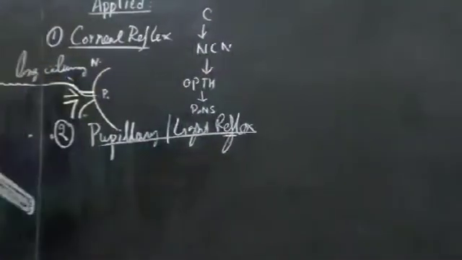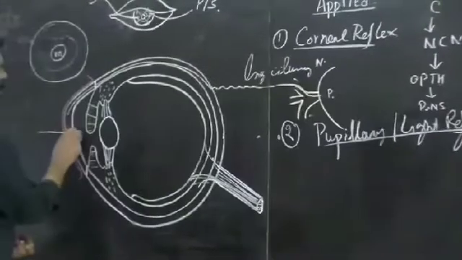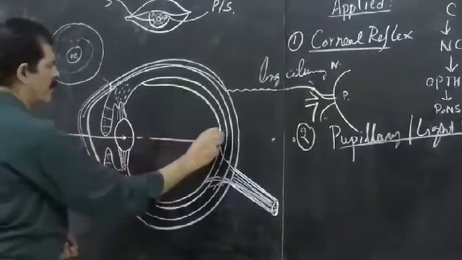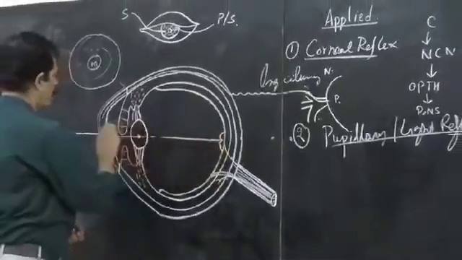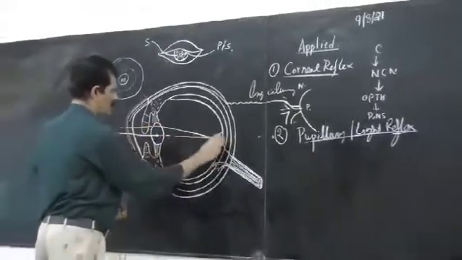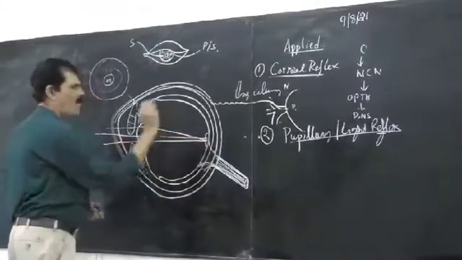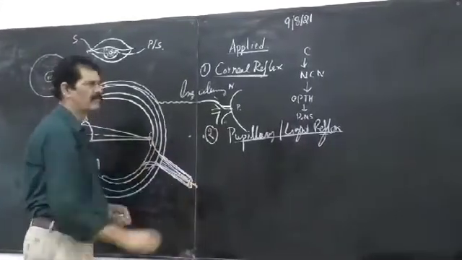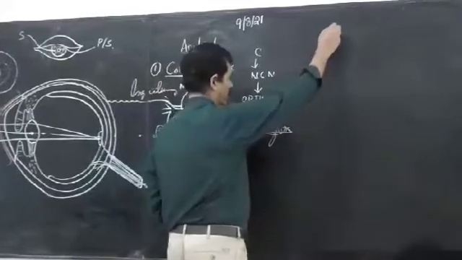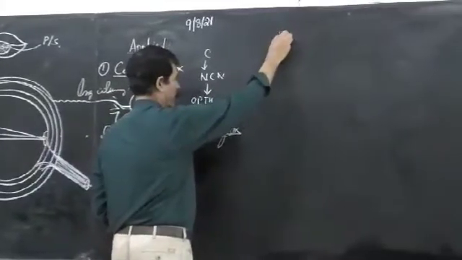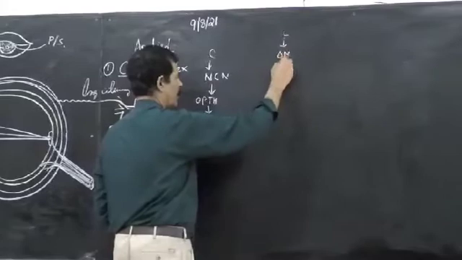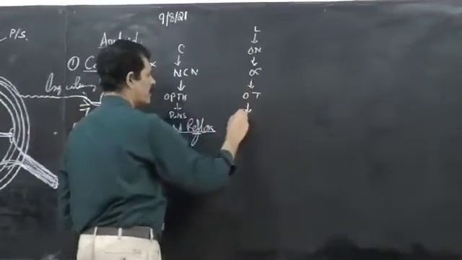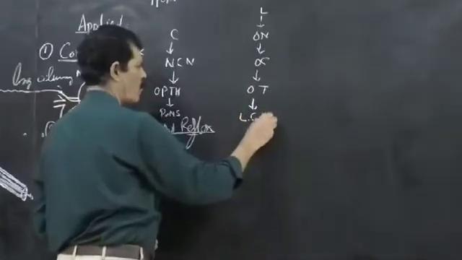The light enters, passing through the cornea and iris, and touches the lens. From the lens, the image is formed here, inverted. And this is conveyed to the optic nerve, then to the optic chiasma, then the optic tract, which goes to the lateral geniculate body.